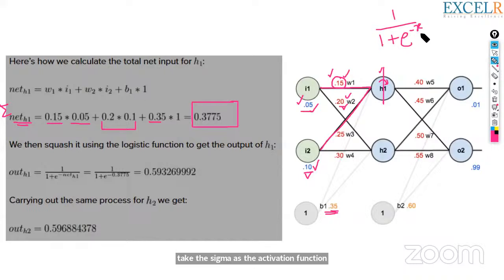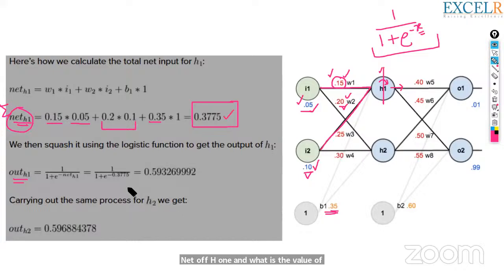And what is this x? This x is nothing but the output from the adder function. So if you see here, the final output from this H1 node will be the output from this particular function. So the output of node H1 will be 1 upon 1 plus e to the power minus net of H1. And what is the value of net of H1? 0.3775.